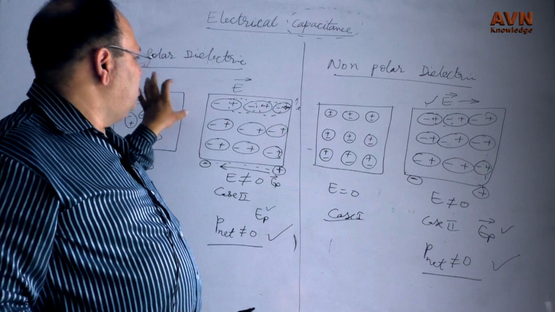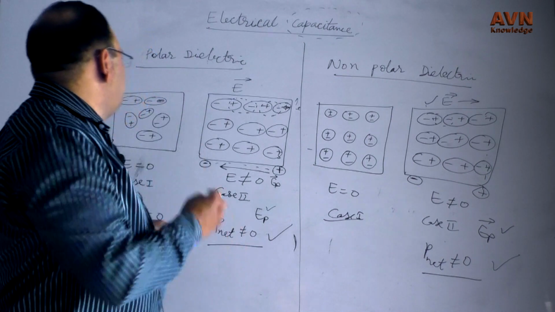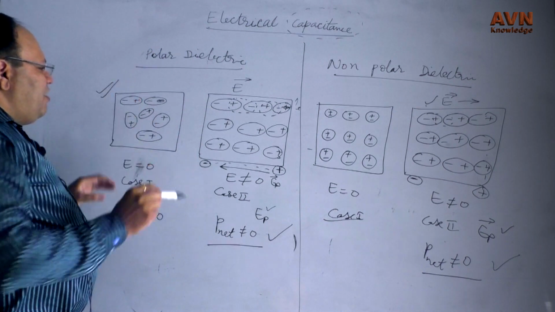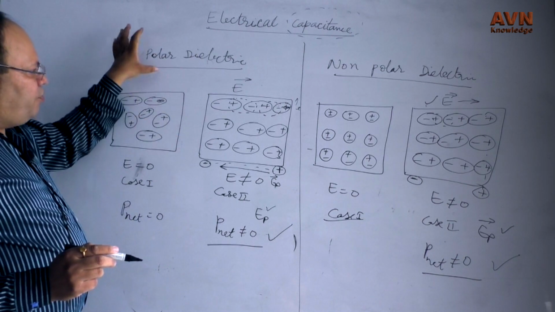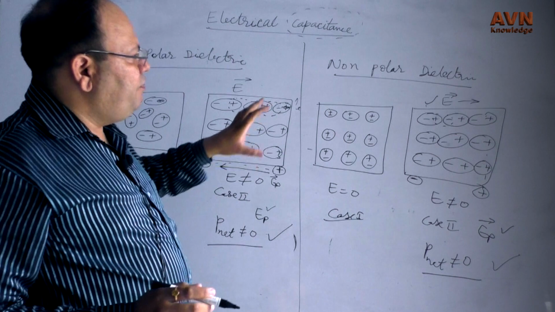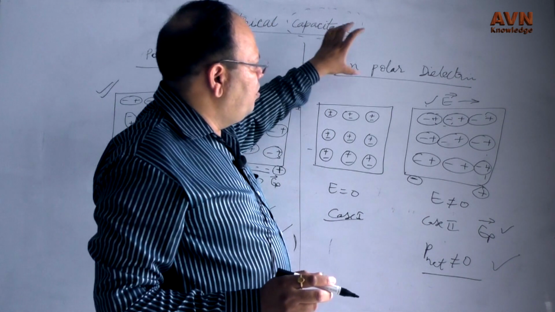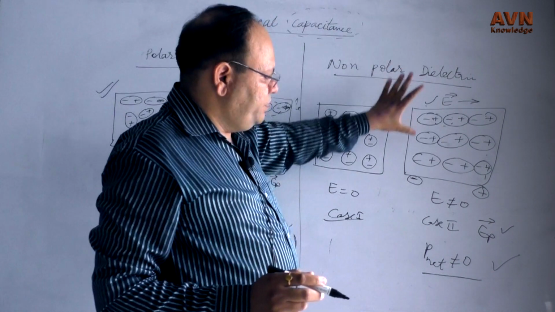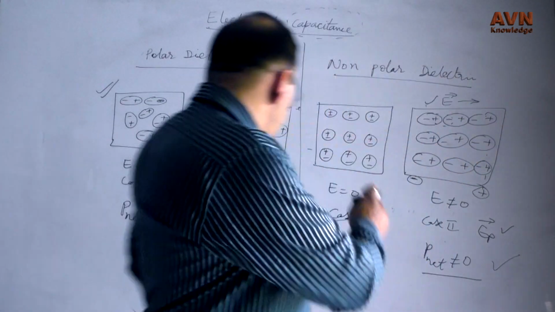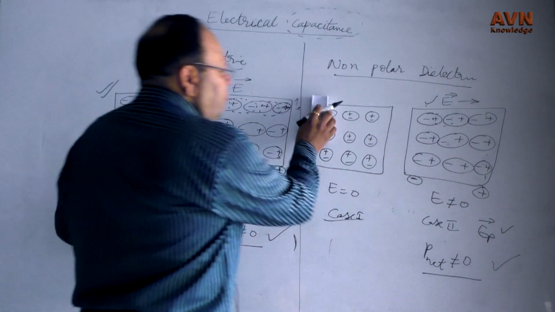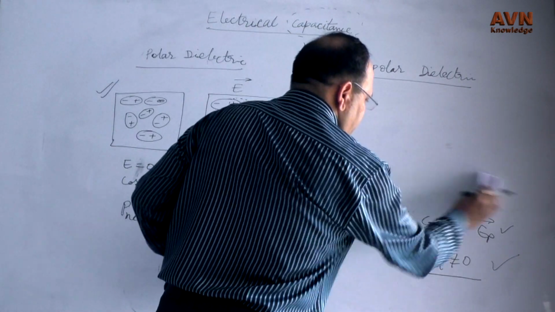So next, we have learned about the effect of the electric field on polar dielectric and the effect of the electric field on non-polar dielectric substance. The next topic is vector polarization.